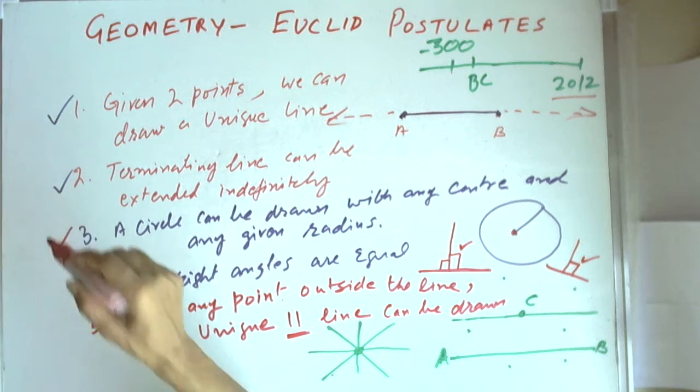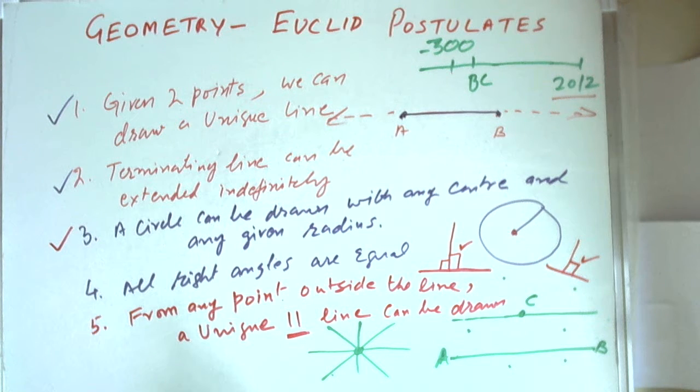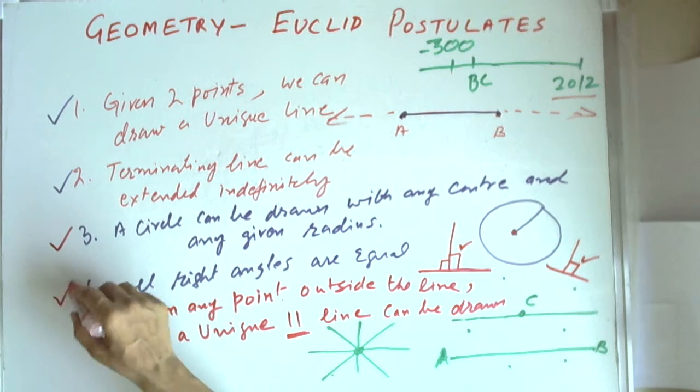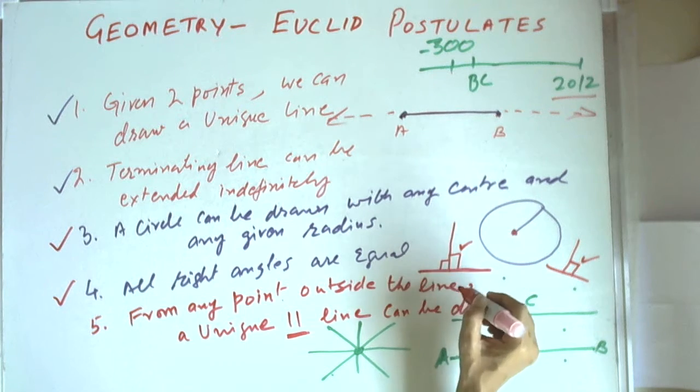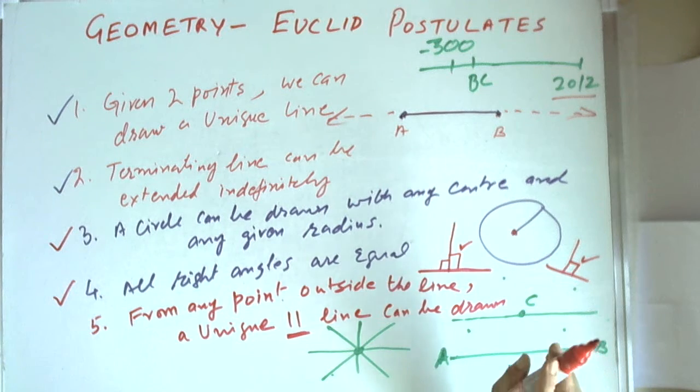That is number 3. And then all right angles are equal. Right angles are the angles when 2 perpendicular lines meet or intersect. So such angles are always equal to each other. And the last postulate, which has many derivations, is that from any point outside the line, a unique parallel line can be drawn.